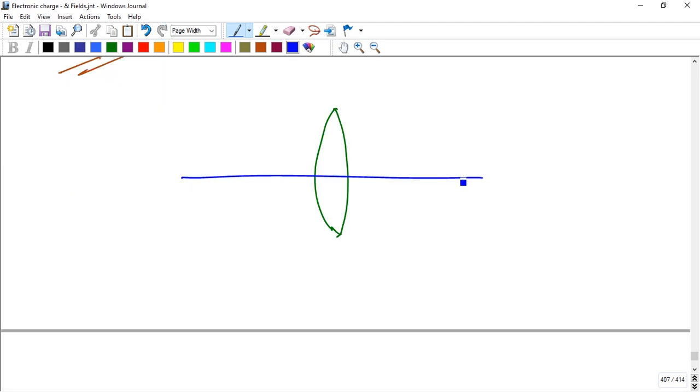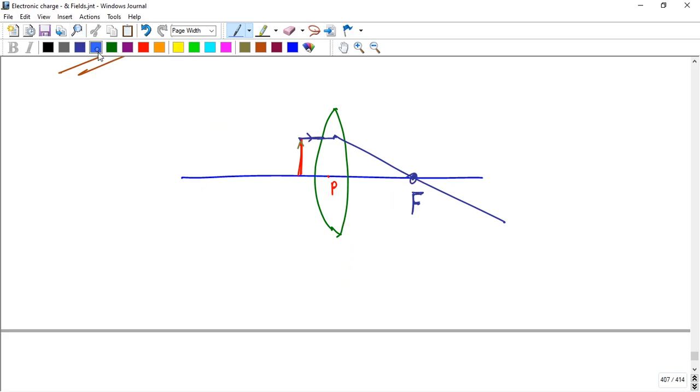That's the principal axis, and here the object is near the pole. So there is an object, and that's an incident ray parallel to the principal axis. After falling here, it passes through the second focus, or secondary focus, and we need another point.